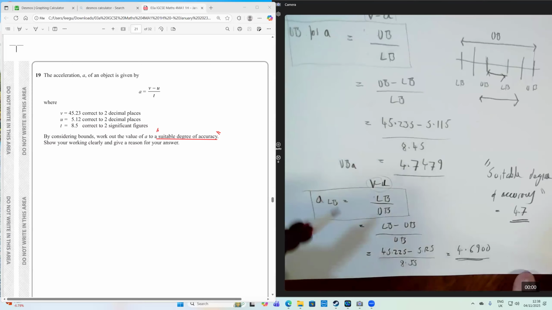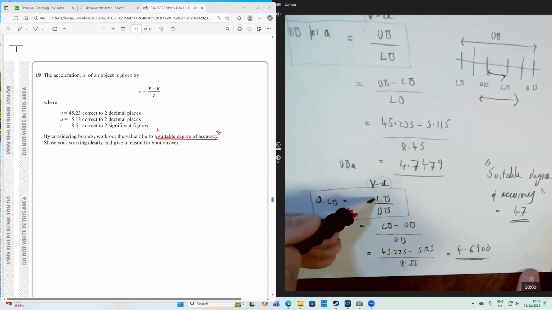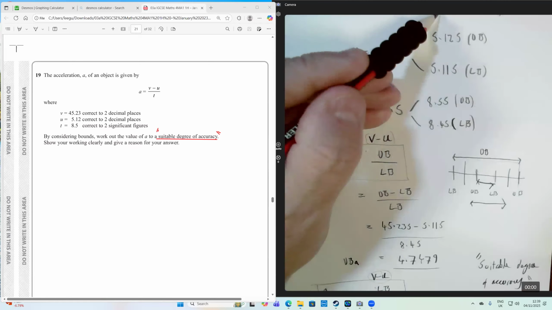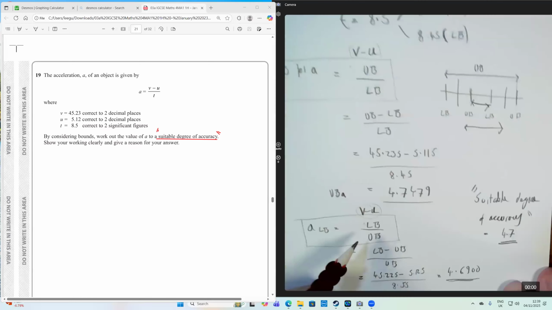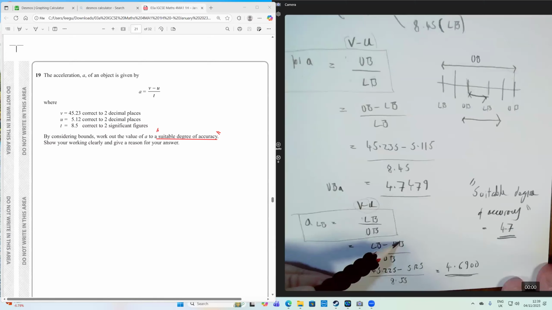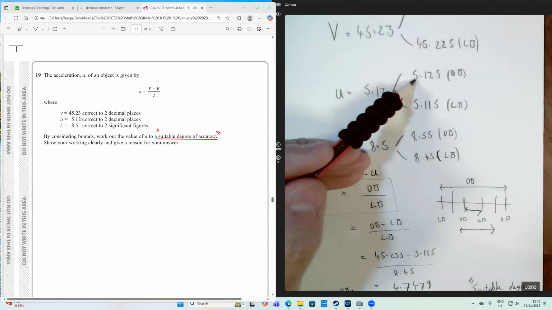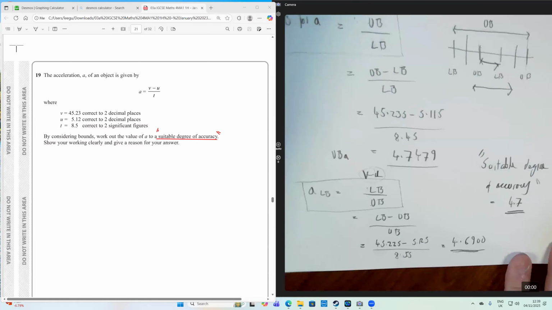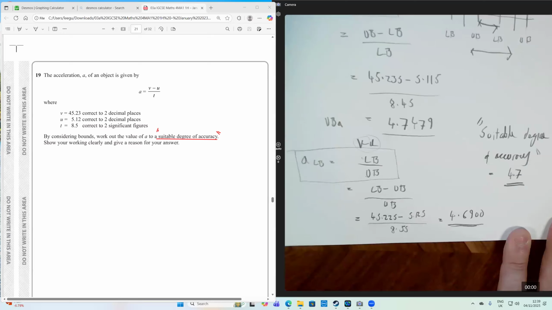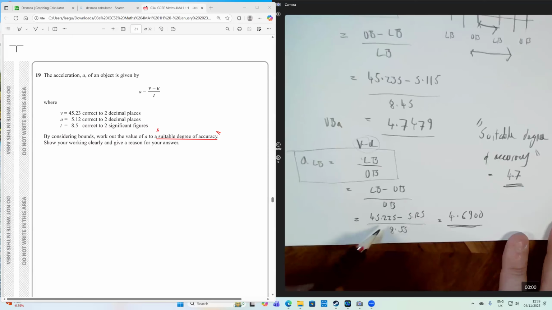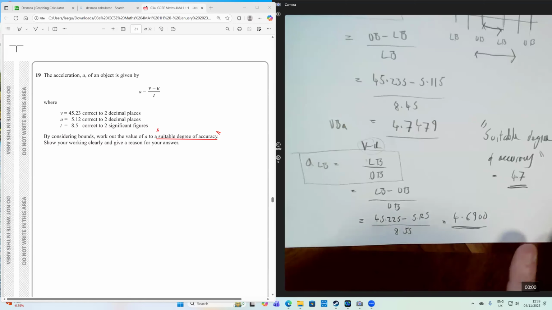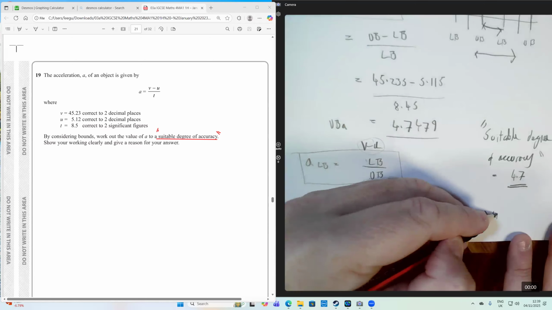So we need to use the lower bound this time of v, 45.225, and take it away from the upper bound of u, which was 5.125. And then for the denominator, we want the upper bound for t, which was 8.55. So we work that out, and that gives us 4.6900. So that is our lower bound for A.